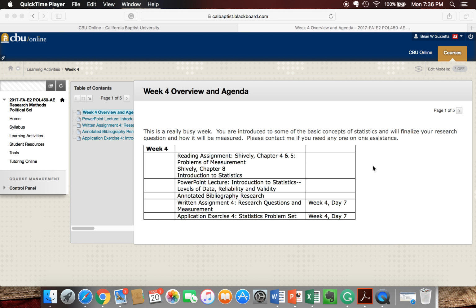And to build on that, remember our application exercises, you have 2 opportunities to submit those. The logic behind that obviously is to get a better grade, but more importantly, when you submit the first time, you're either going to get instant feedback if it's all multiple choice or true or false, or if it's short answer, I'm going to grade it and submit it back to you.